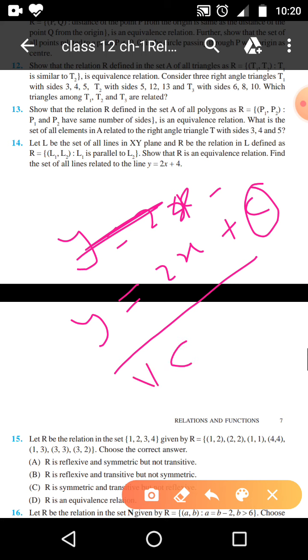For each c belonging to the real numbers, if you take c as 1, 2, 3, 4, 5, minus 1, minus 2, whatever value of c you take, you get a line parallel to y is equal to 2x plus 4, that is, a line related to y is equal to 2x plus 4.